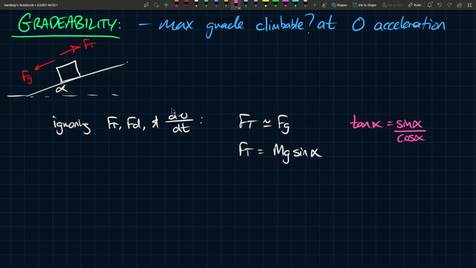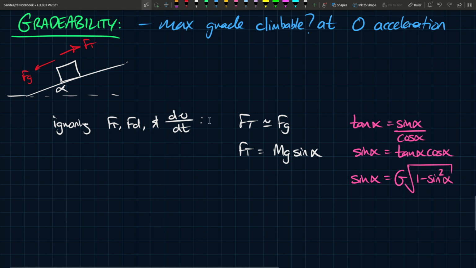Then that means sine alpha is equal to tan alpha cos alpha. Let's get rid of tan alpha, and if you recall above, we defined tan alpha as g, and cos alpha will be the square root of 1 minus sine squared alpha, and that's the Pythagorean identity.